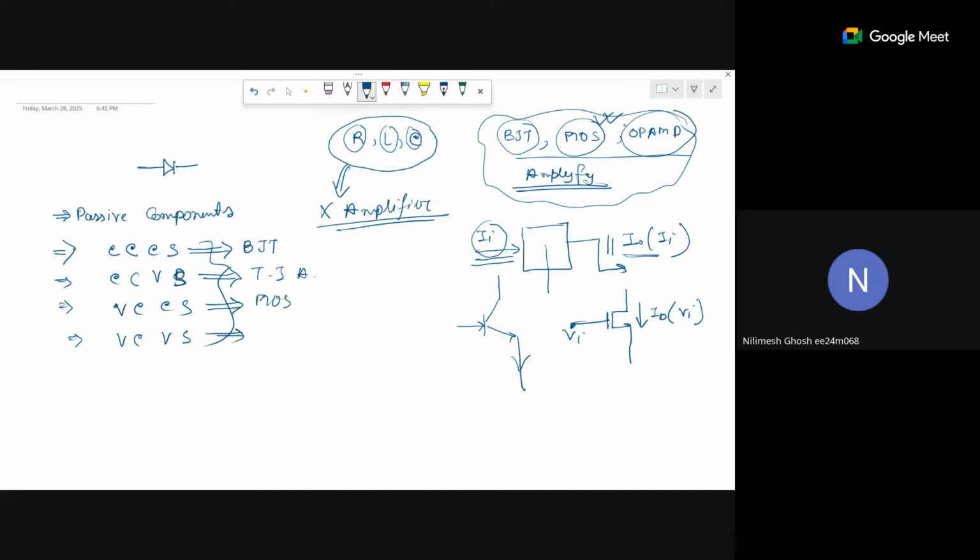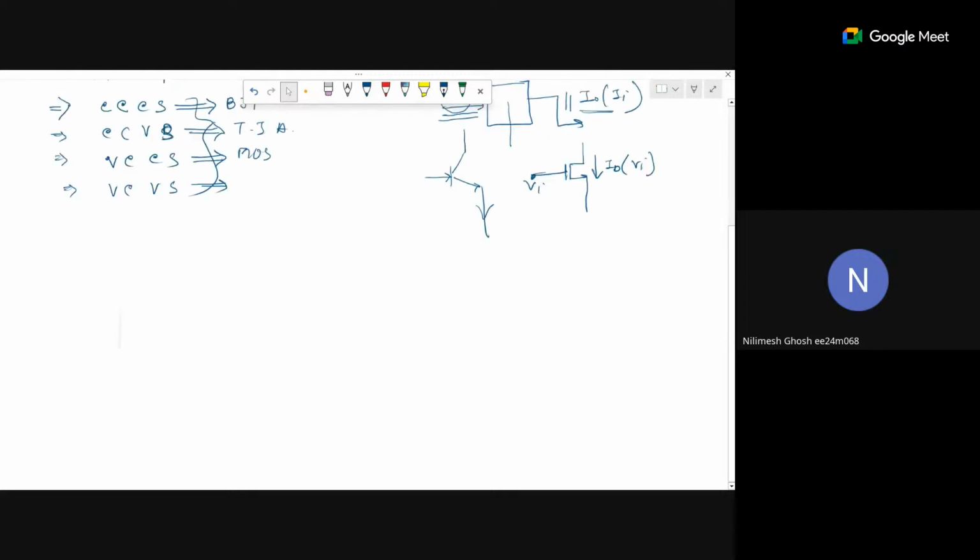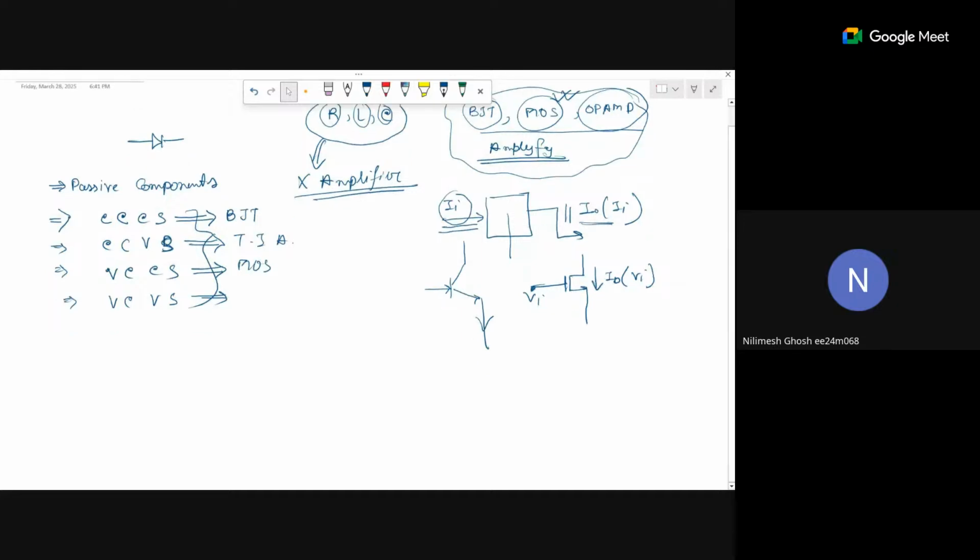Now, what about the voltage controlled voltage source? For the idea of a voltage controlled voltage source, we have to give some voltage to a black box, and we will get some voltage also.